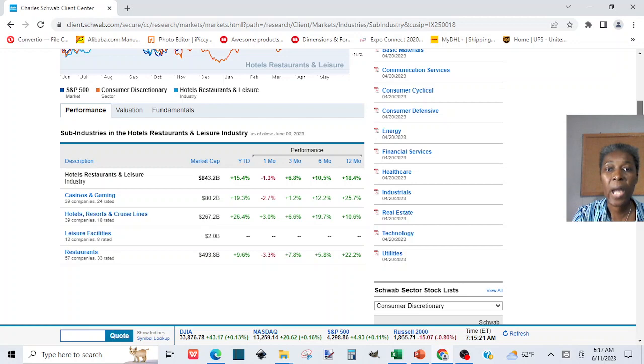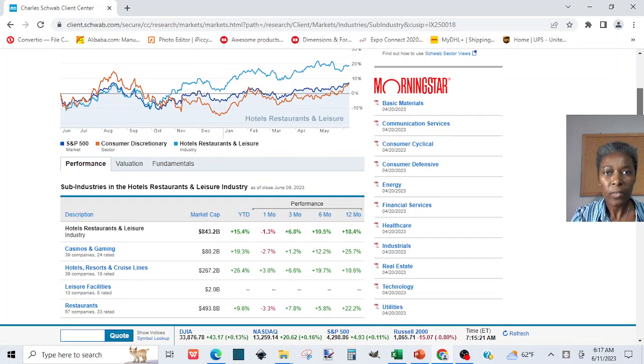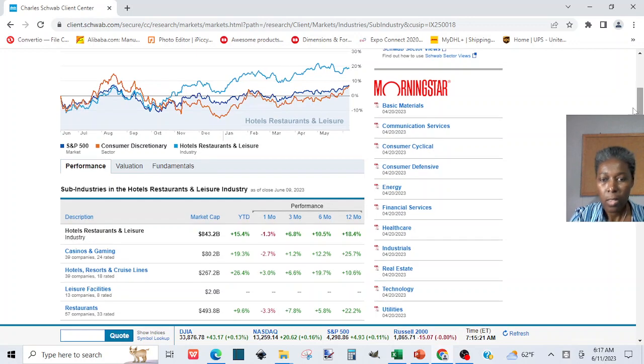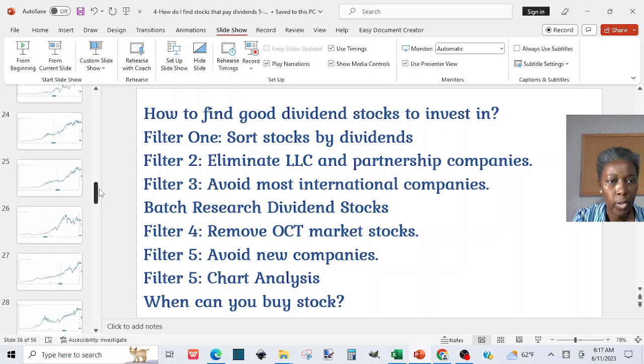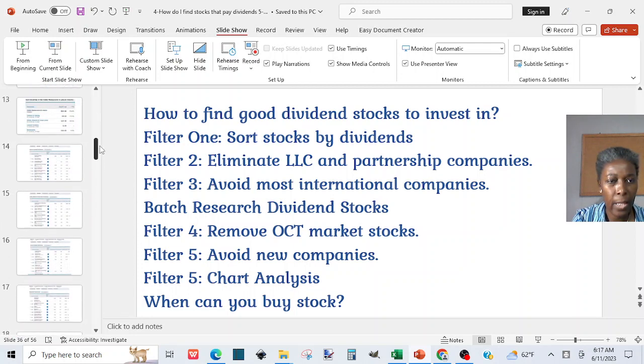So now that we have gone through those two industries and retrieved high-paying dividends, we are going to put them through other filters to see the ones that we like. So I'm going to go back to our PowerPoint here to see if I saved them.